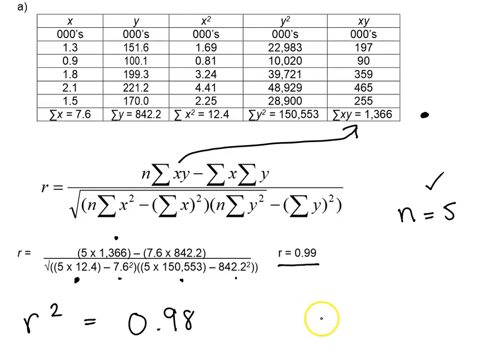The other 2% is caused by other factors. So we know we have a positive linear relationship, and then we know that 98% of the change in sales is explained by advertising from the previous month.